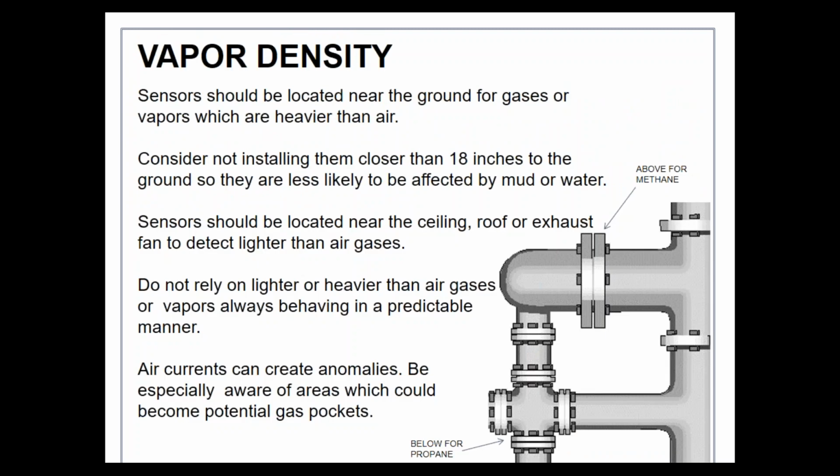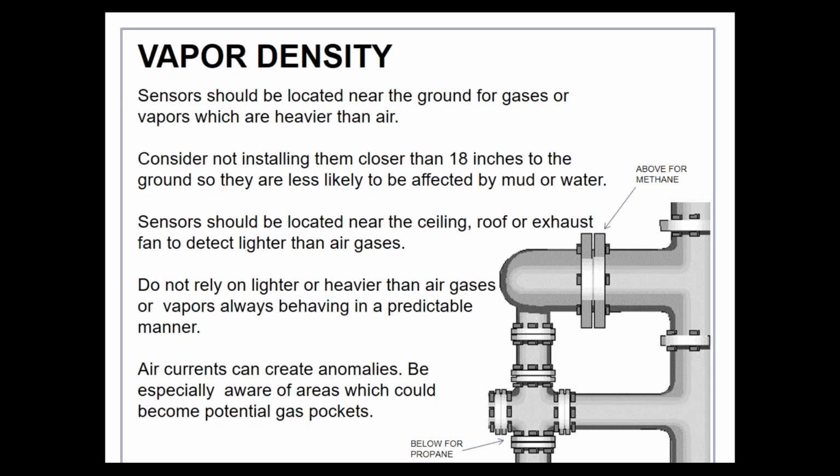Vapor density. We talked about this early on when we were giving you the terms. Lighter than air gases, you want to put above the leak source. Things like propane, you want to put below. So using good physics and judgment, you can tell the customer what the molecular weight of his chemical is.